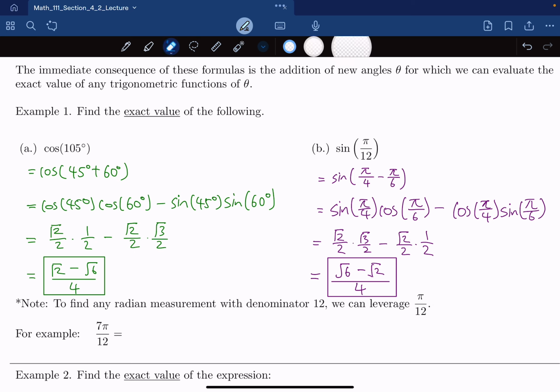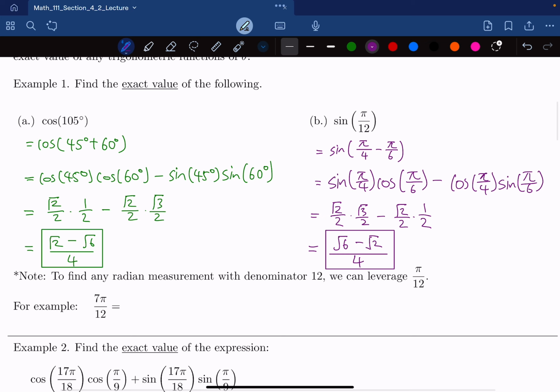That's okay too. But the way you want to leverage that is, for example, 7 pi over 12. You will simply write this as 7 times pi over 12. And we have a difference for the pi over 12, right? We can do this as 7 times pi over 4 minus pi over 6.